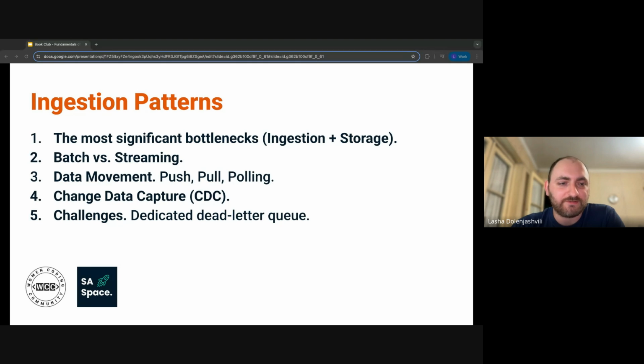Of course, these ingestion processes have their challenges, and data engineers should know how to handle different situations. For example, I mentioned schema evolution, and another concept is the dead letter queue.